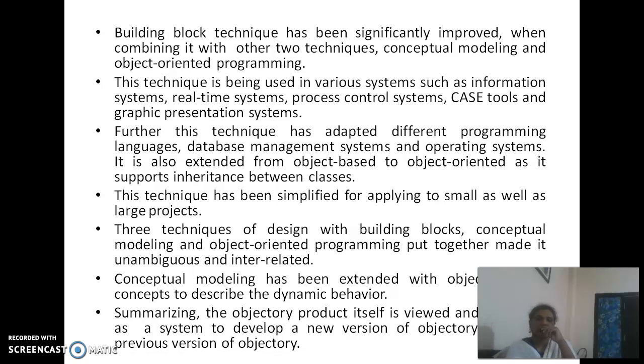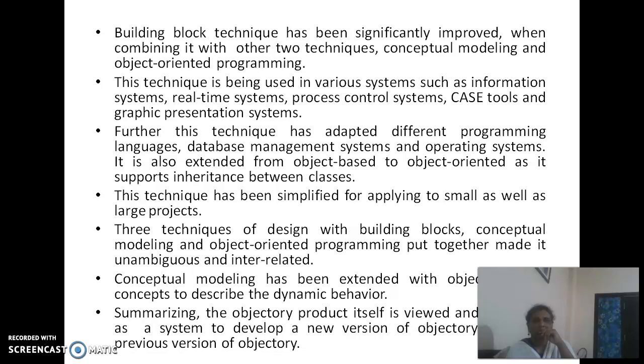So apart from all these different things, as part of the system's life cycle, we have also seen that there is an object tree, which is nothing but an object-oriented software development factory, in which there is a building block technique which includes each and every functionality in terms of a building block.